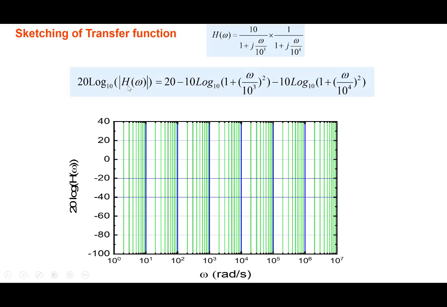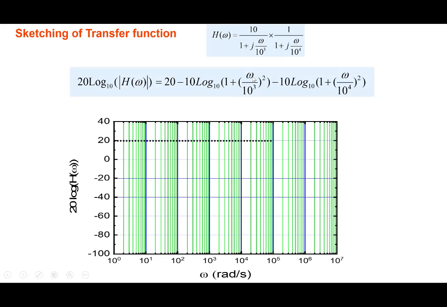Once you write the magnitude in dB in this form, you can take each term, the first, second and third, and separately sketch what it would look like. The first term is independent of frequency, a constant, so it is a straight line. For the second term, for omega considerably smaller than 10 to the power 3, this factor is negligible and log of 1 is practically 0, so it starts off at 0 dB.